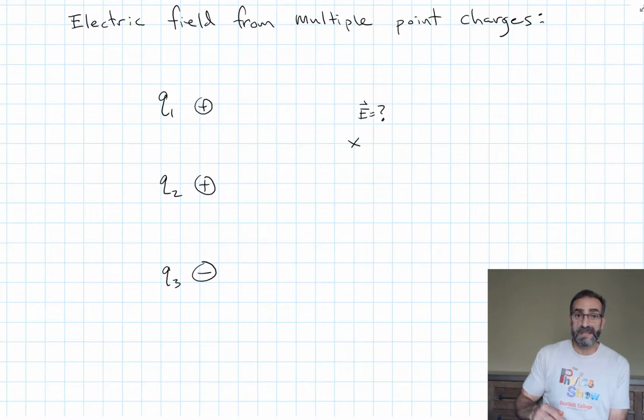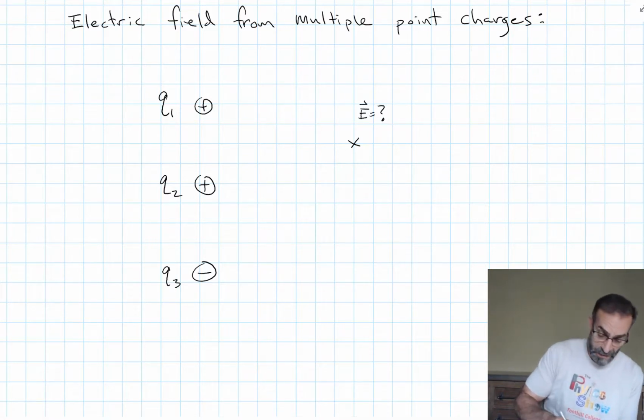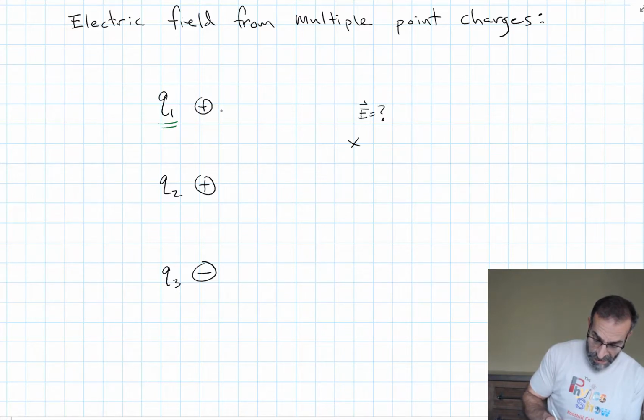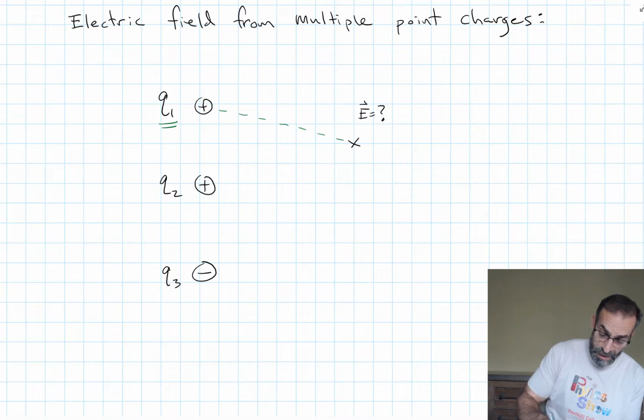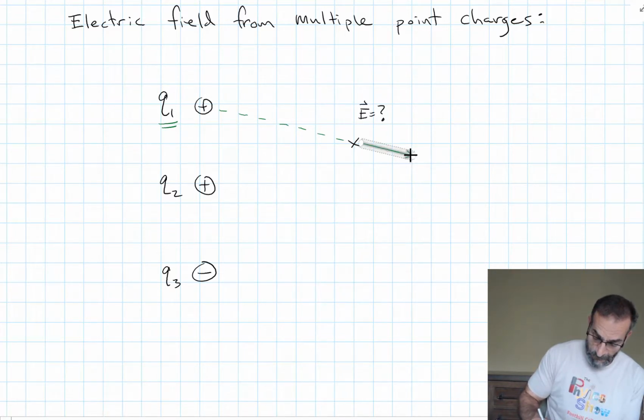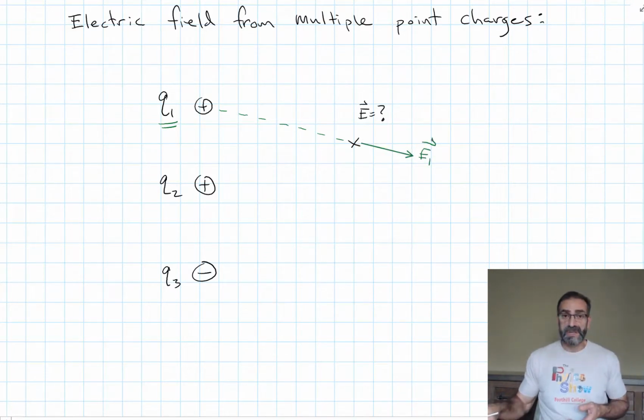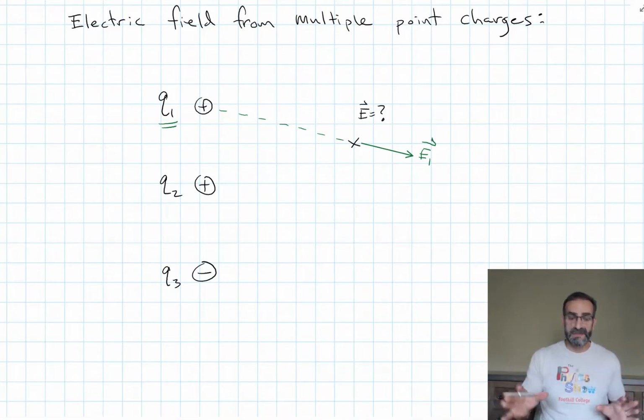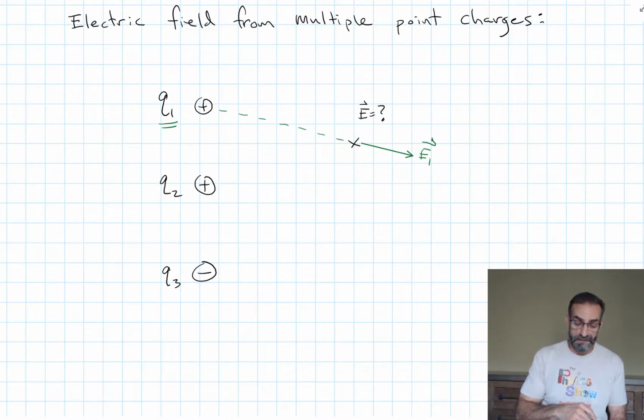Let's look at Q1's electric field first. I'll use green for Q1. And if I draw a straight line from Q1 to that point, the electric field would continue in that direction. I'll call that E1. The electric field due to Q1 would point like that. If no other charges were in this region of space, that would be our electric field just due to Q1.